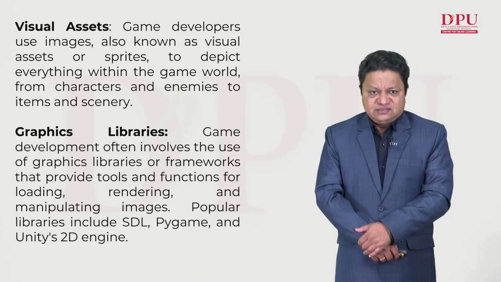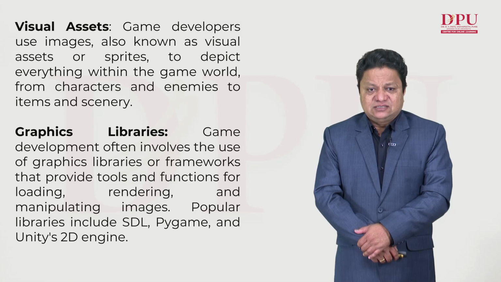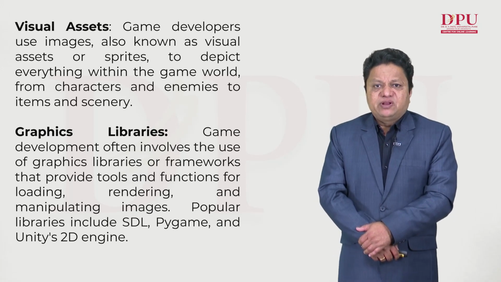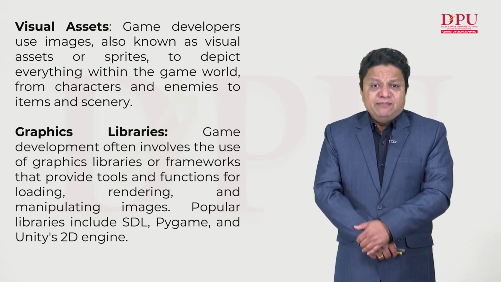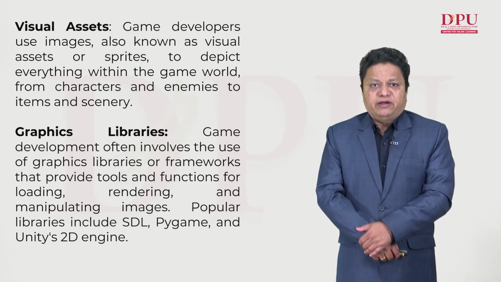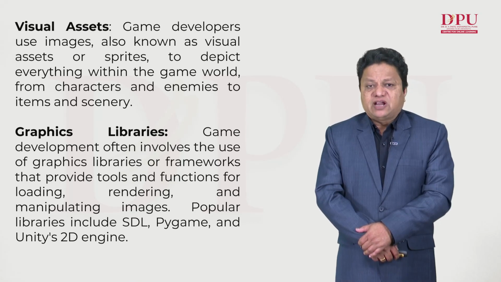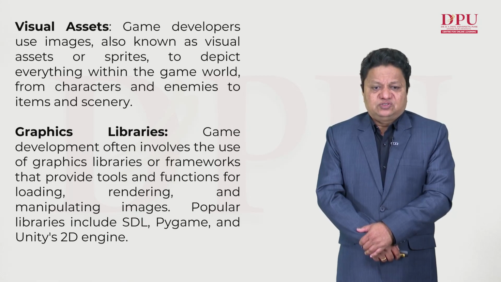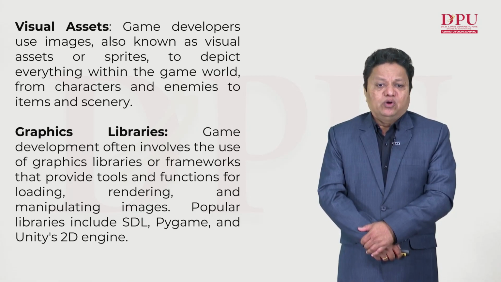We use images, also known as visual assets or sprites, to depict everything within the game world. The second element is graphics libraries. Game development often involves the use of graphics libraries or frameworks that provide the tools and functions for loading pictures, and for rendering and manipulating images.